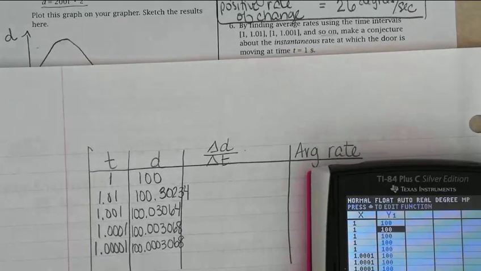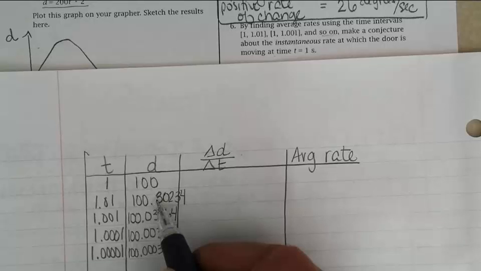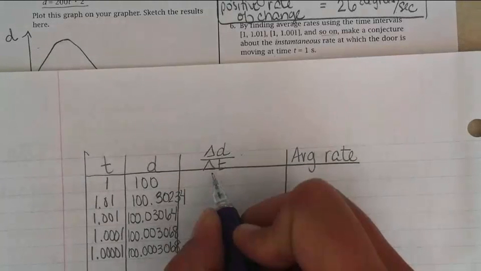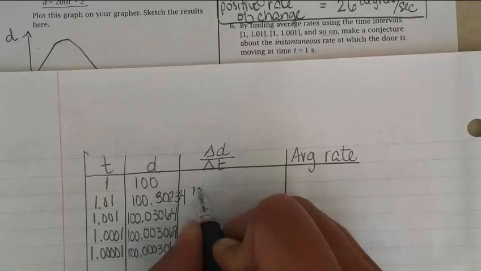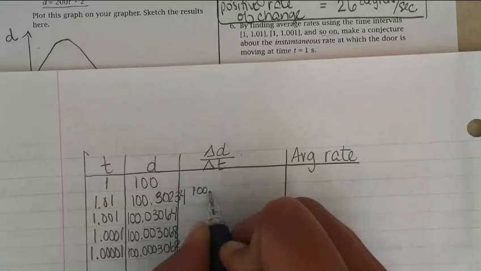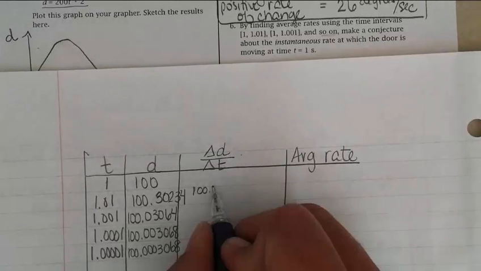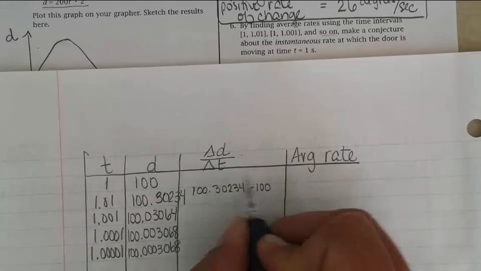All right, so from there, now I've just got a whole bunch of math I need to do. So basically, I'm going to find the slope between these two, find the slope between these two, and so on. So just to give you an example, and then I'm not going to do all this work, we'll take 100.30234 minus 100, which is my original.